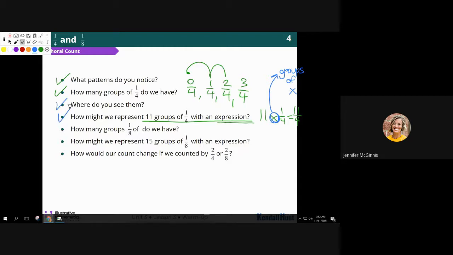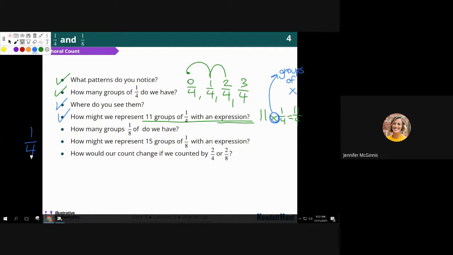How many groups of 1/8 do we have? If I have 1/4, how many groups of 1/8 do we have?